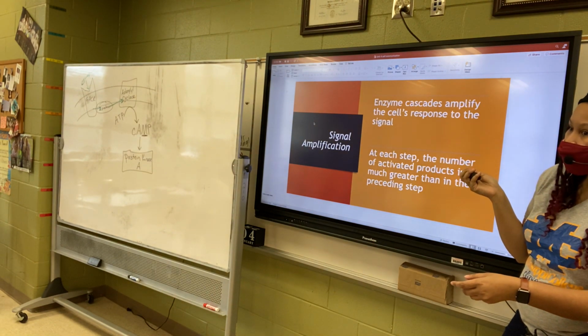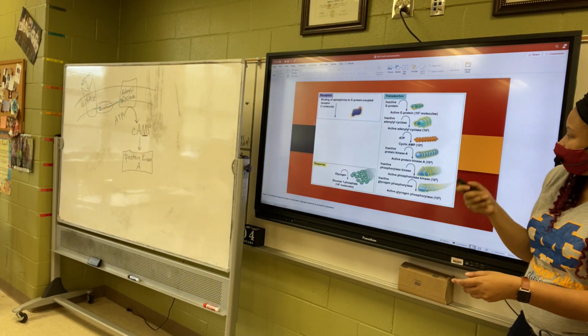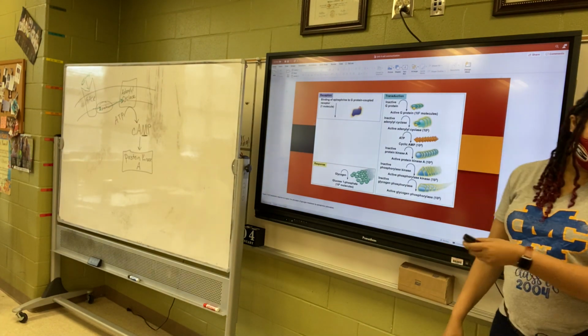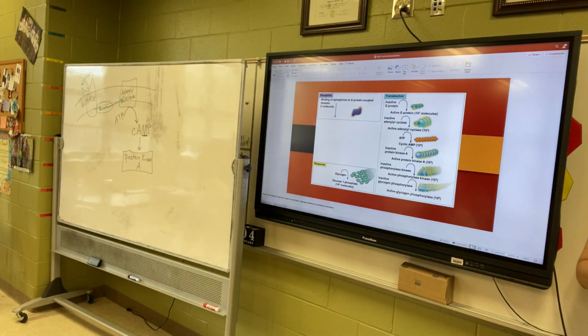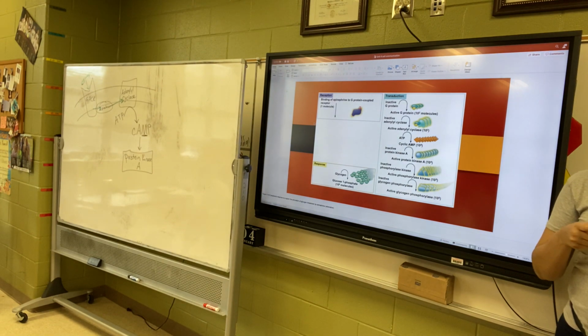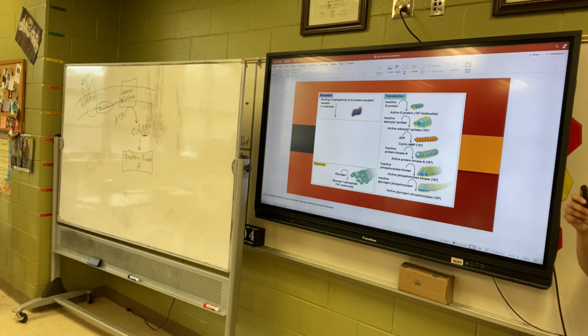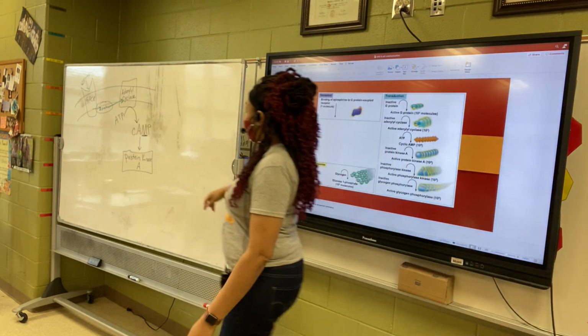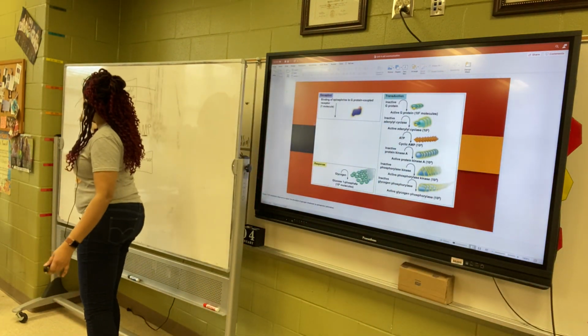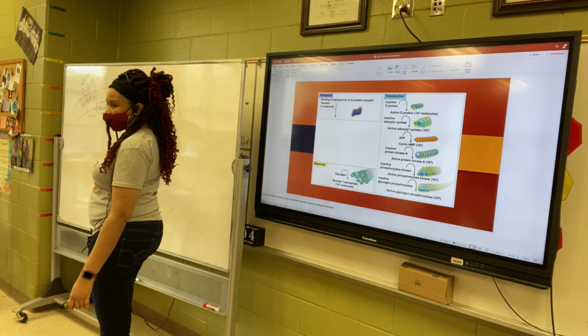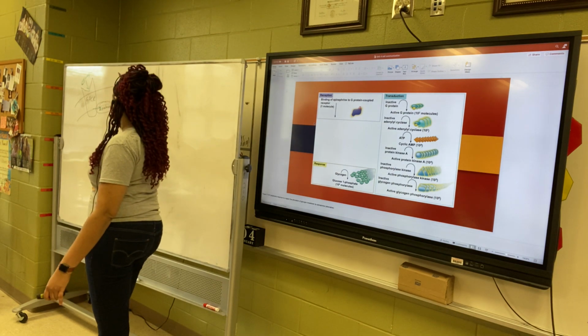Yep. Oh, yeah. Amplification. We see it with the epinephrine pathway, a specific pathway that I want you guys to make sure you know. When you have a G protein, you already know the first part. Epinephrine activates G protein, which activates adenylyl cyclase, which catalyzes ATP to cyclic AMP.